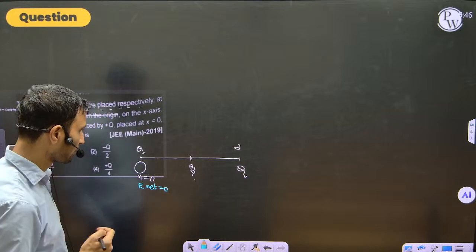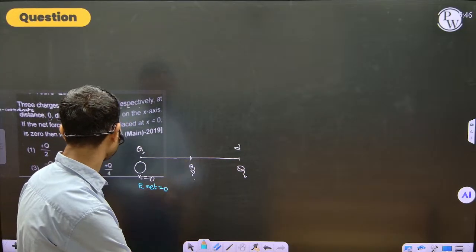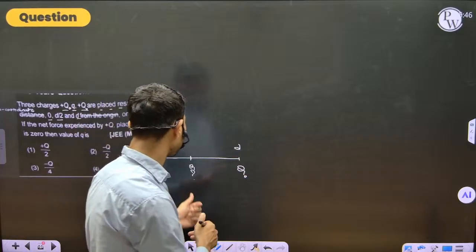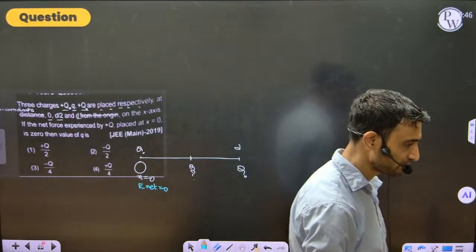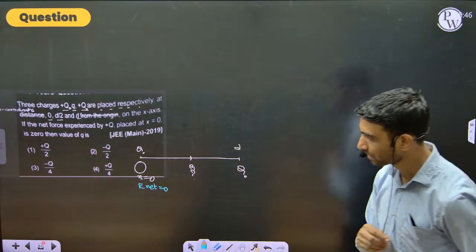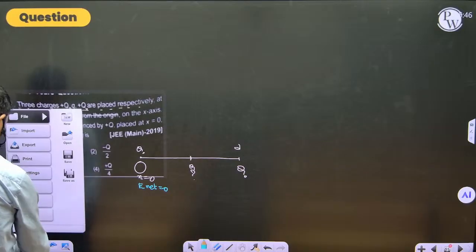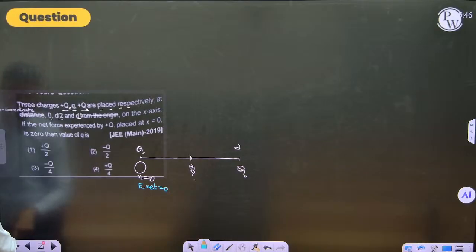Right? So how much should Q be so that net force is 0? So think about it. In the meanwhile, I'll upload the notes. Then I'll also get back to see this question.